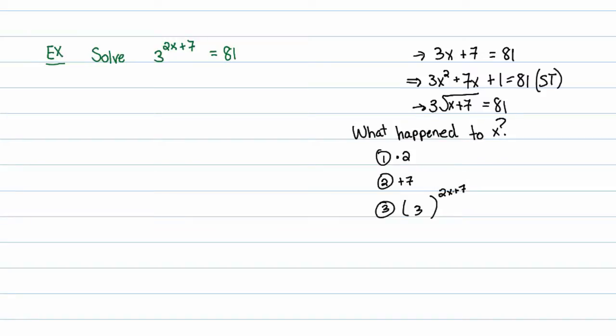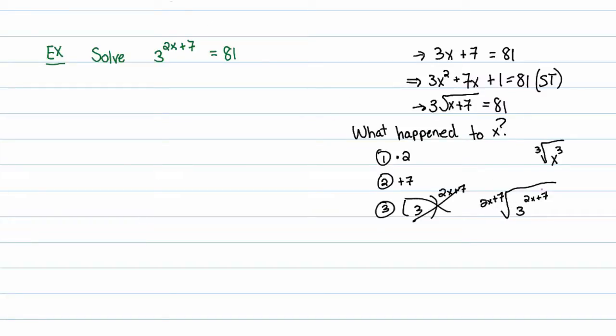You can't normally, so I'm going to cross that out. Normally, if it was like x to the third, I can undo that by taking the cubed root. See, those powers undo each other. But you have 3 to the 2x plus 7, and I would be totally confused if I took the 2x plus 7th root. Even though they would cancel, I still don't know what the 2x plus 7th root is.